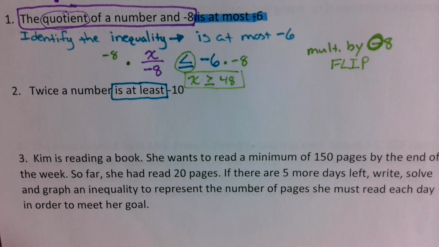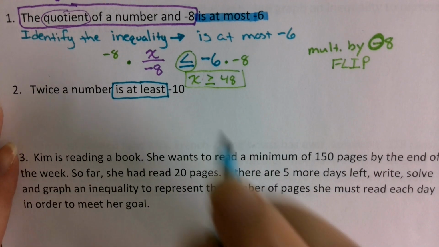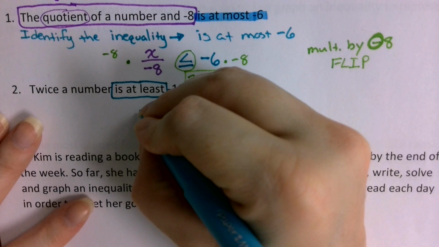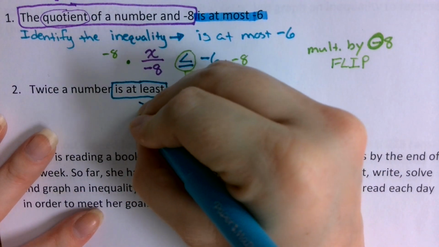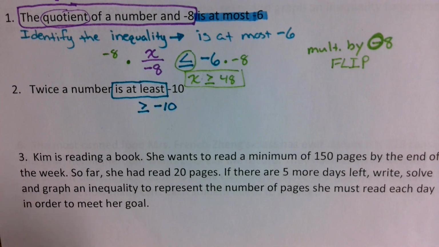That means you can be equal to that height, but what else does it mean? You need to be taller, right? You can be equal, but you also might need to be taller. Is at least means the bare minimum that you can ride. Is at least negative 10 means it needs to be greater than or equal to negative 10.